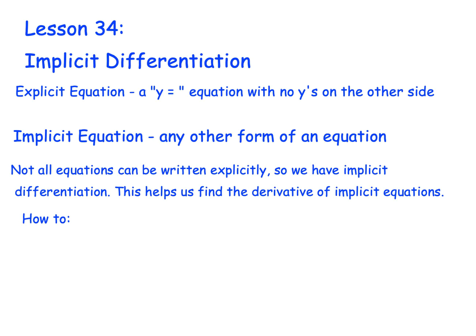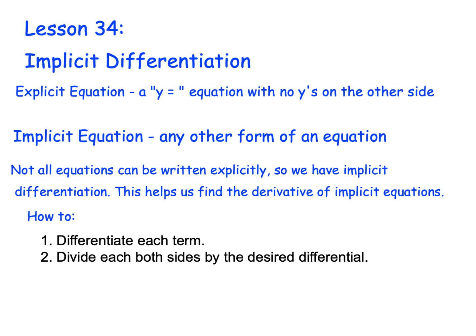Up until now, we've always differentiated if it was in explicit form. So we're going to have a process here that helps us with implicit equations. So what we're going to do is differentiate each term, divide both sides by the desired differential.